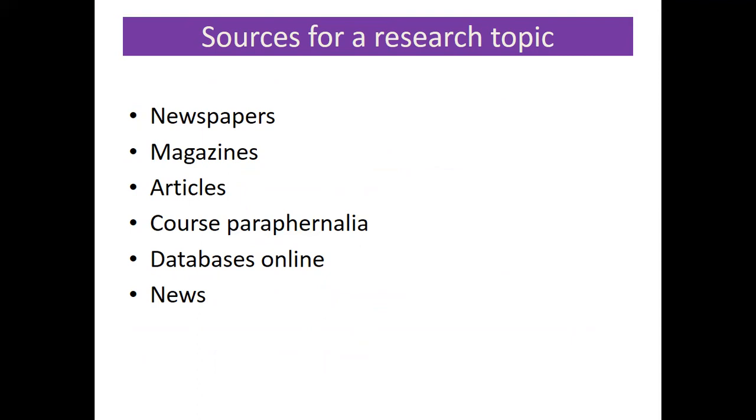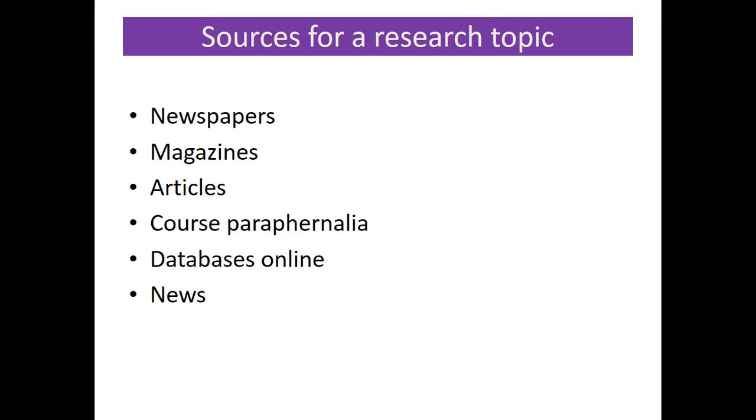Sources of a research topic, of course, newspapers. You can be going through your newspapers and then something pops up that makes you interested in researching deeper to identify what is in there. Magazines and articles, course paraphernalia.